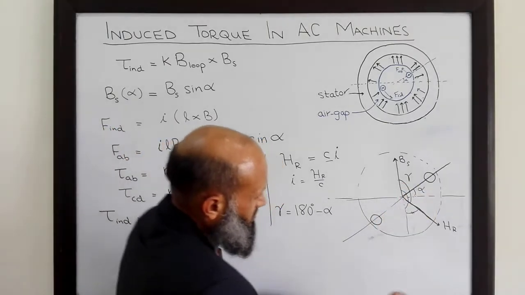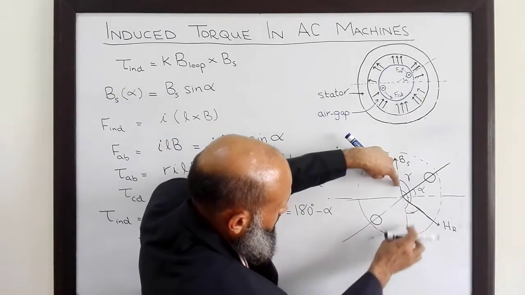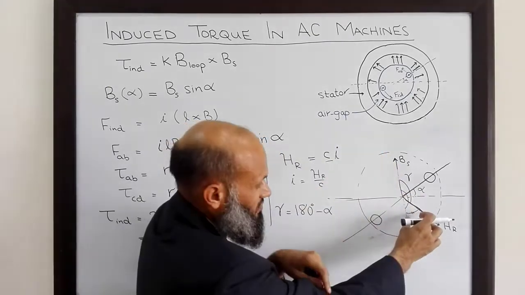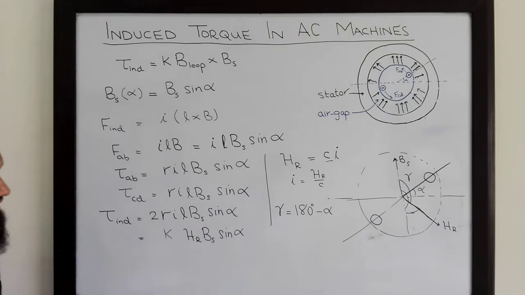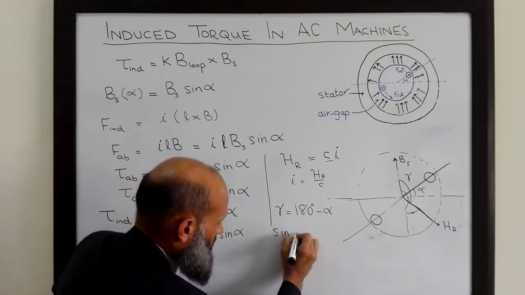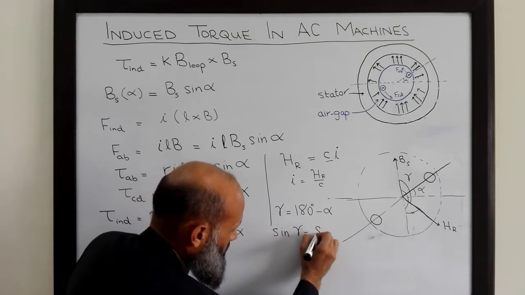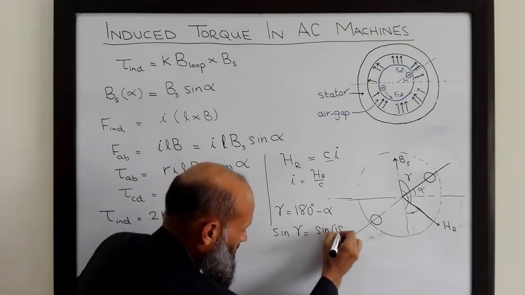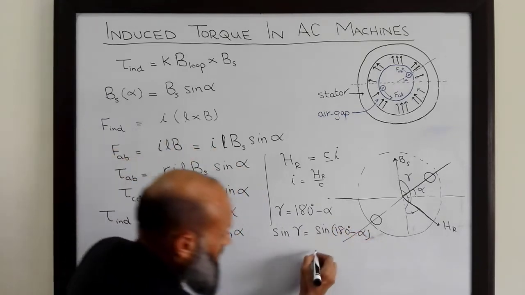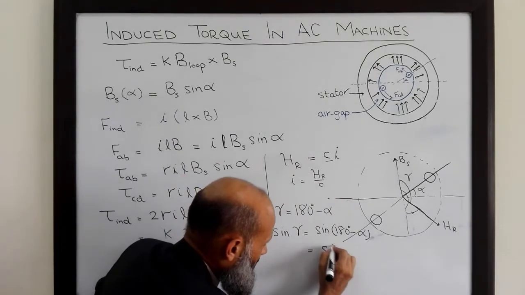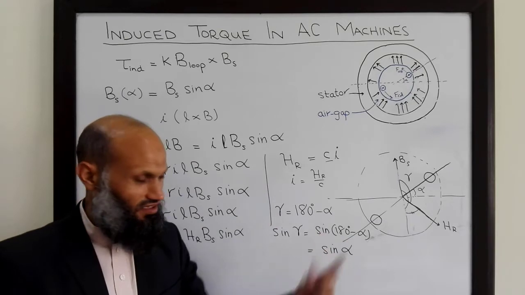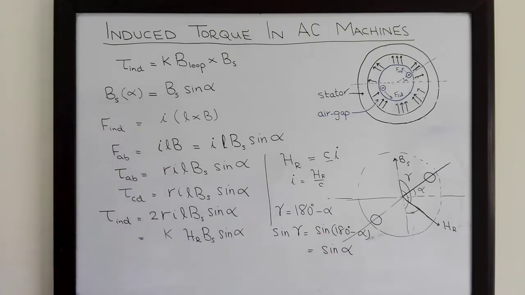So gamma, which is the angle between this vector and this vector, is equal to the total angle 180 degrees minus alpha. And we also know that sine of gamma is equal to sine of 180 degrees minus alpha, which is also equal to sine of alpha. This you can verify by expanding this trigonometric relation.